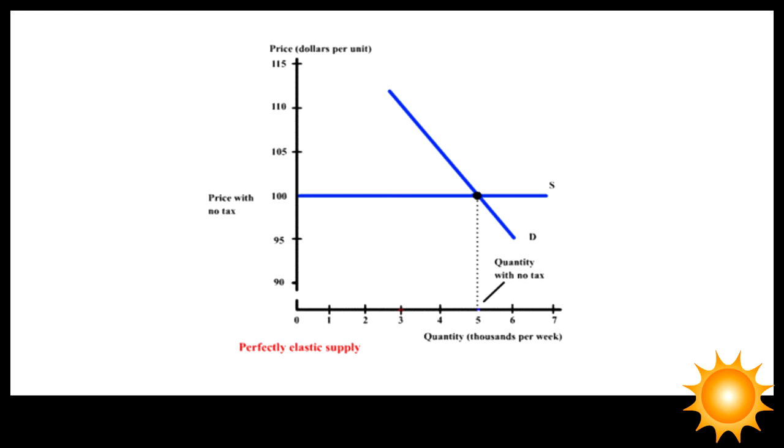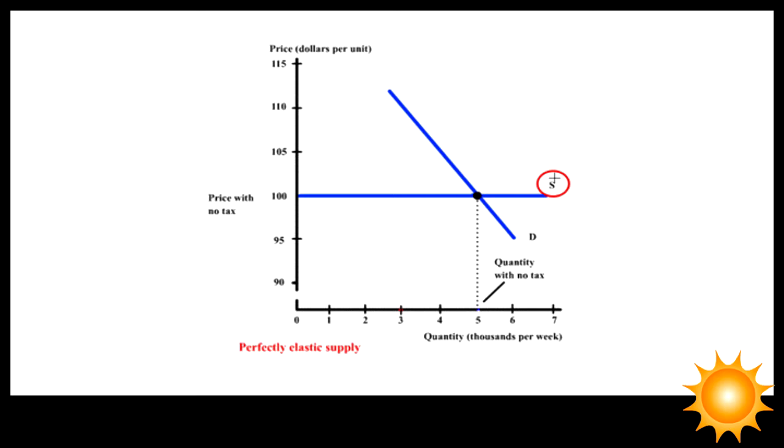On the other extreme, if sellers are willing to supply an unlimited amount at a fixed price, the supply curve is a horizontal line. A horizontal supply curve indicates perfectly elastic supply. After tax, the fixed supply price is simply raised by the full amount of the tax.